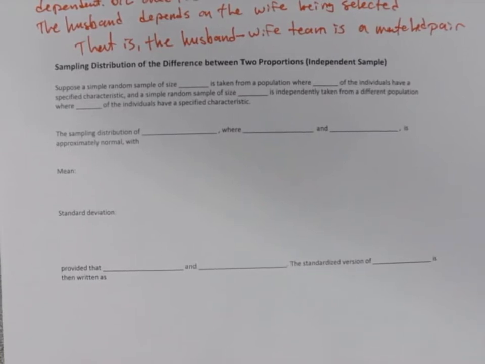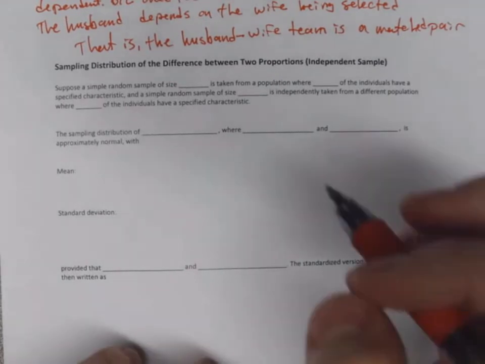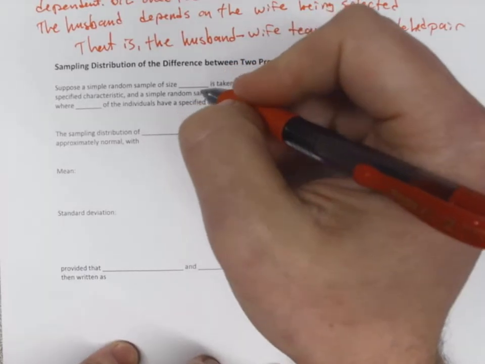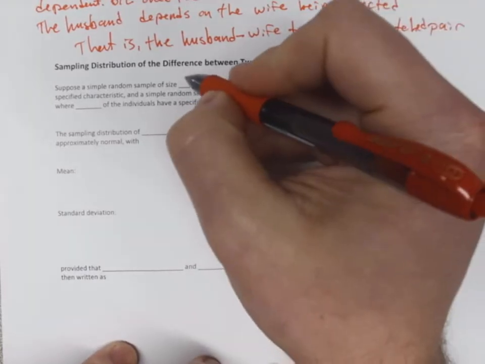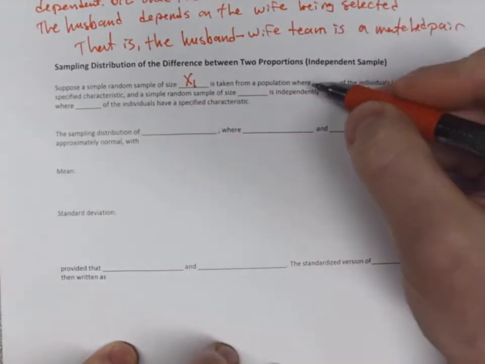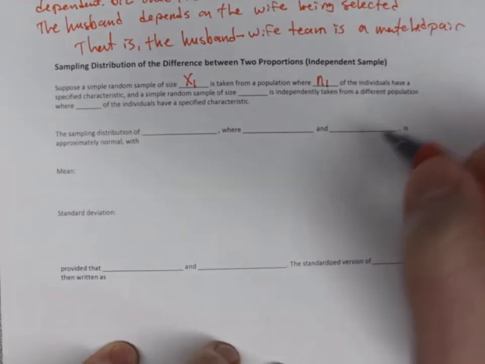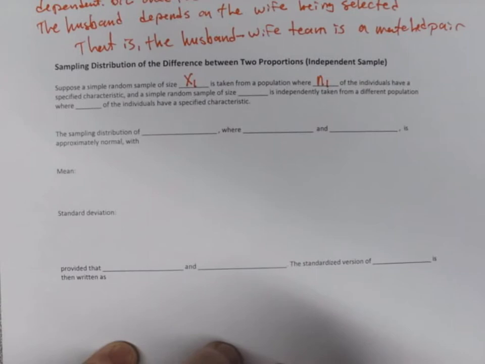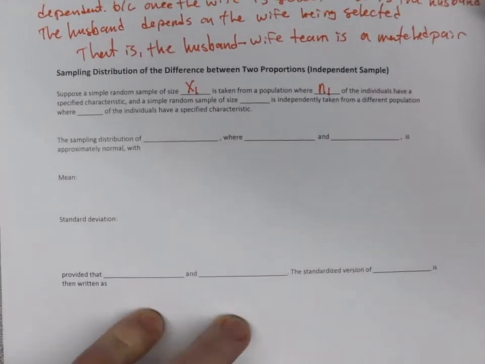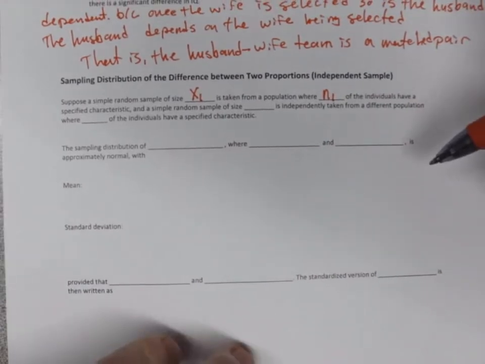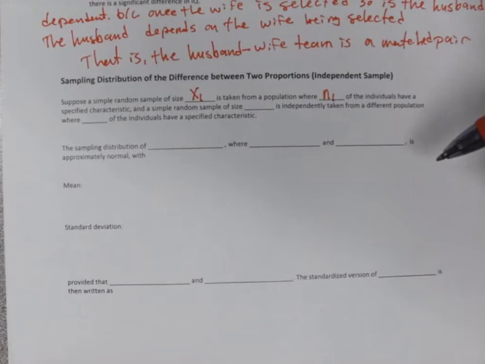So let's start. Suppose a simple random sample of size n1. Now remember there's two samples, so there's also going to be two different sample sizes. So here, a simple random sample of size n1 is taken from a population where x1 of the individuals have a specified characteristic. You could view this as in part A up here as the 1,200 students enrolled in a traditional course.